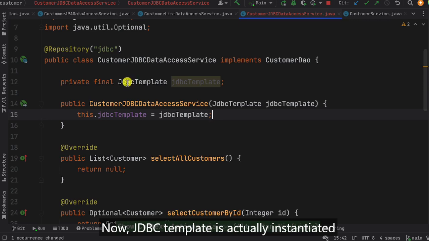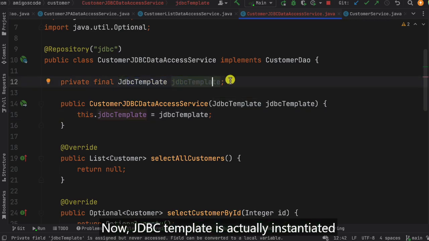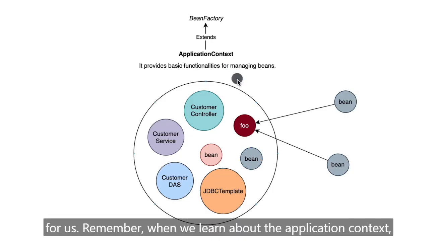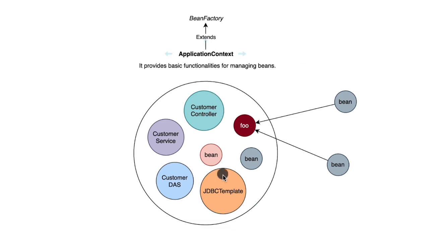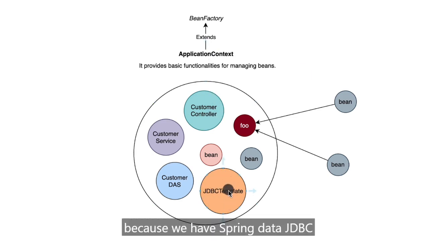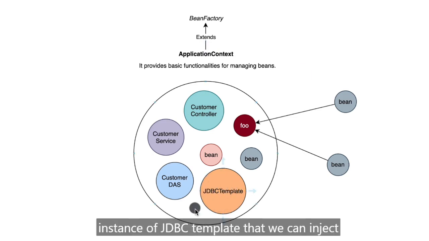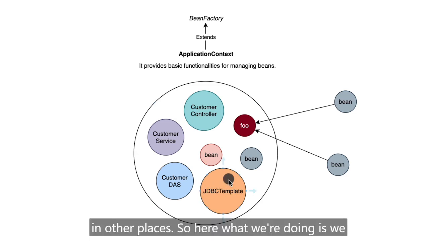Now, JDBC template is actually instantiated for us. Remember when we learned about the application context: because we have Spring Data JDBC on the classpath, it will instantiate an instance of JDBC template that we can inject in other places.